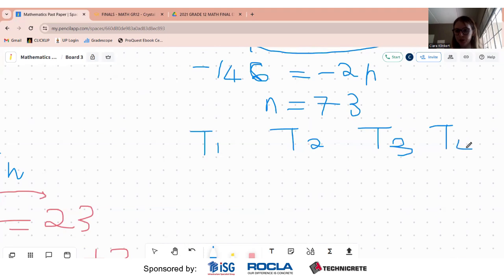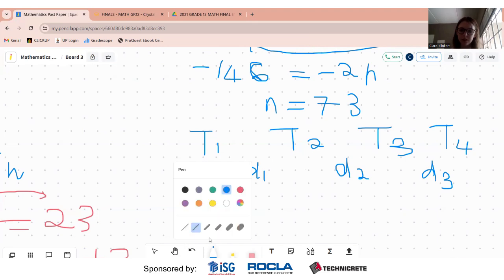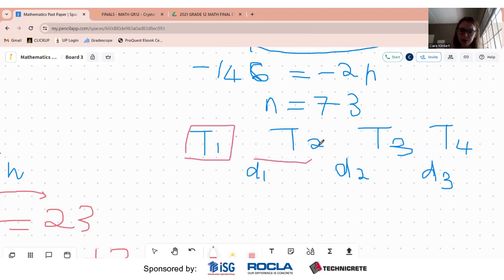The terms of my first differences, which is my arithmetic sequence, I'm going to call D1, D2, D3. Do you see that D1 is between T1 and T2?